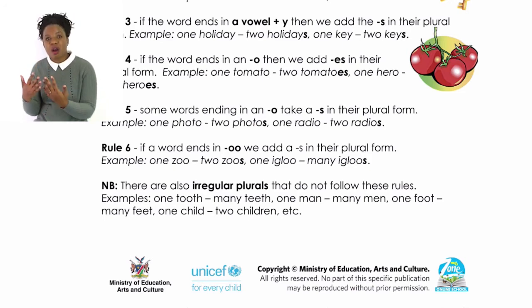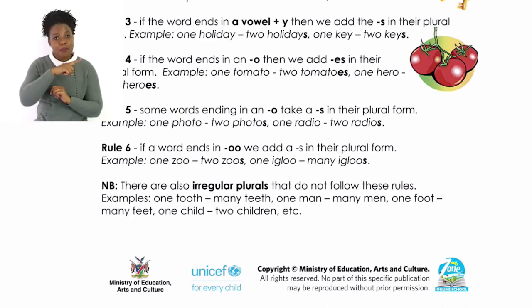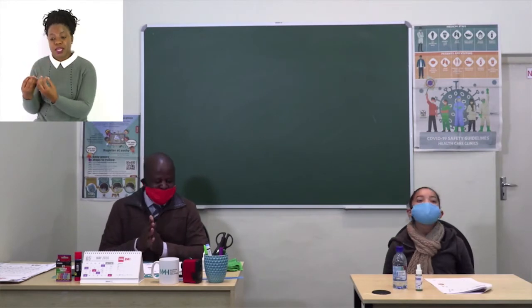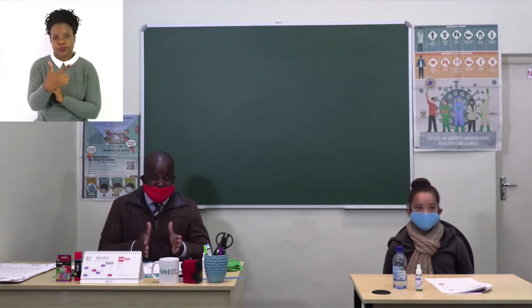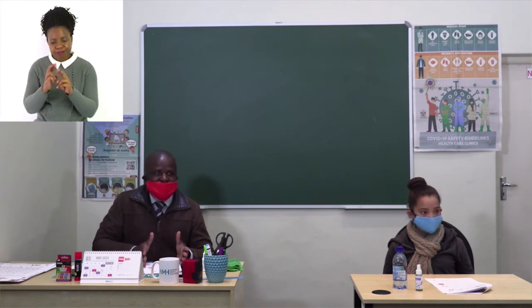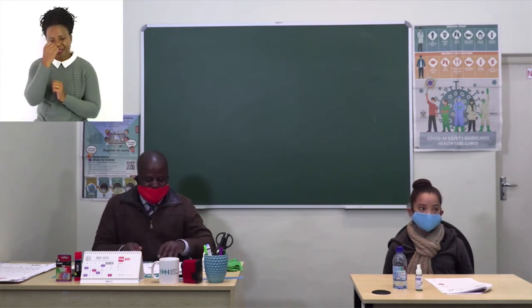One foot, many feet. These are irregular nouns. They may maintain the same word or they change completely. One child, two children. Thank you so very much, boys and girls. I understand you are following the rules for changing nouns to their plural form.